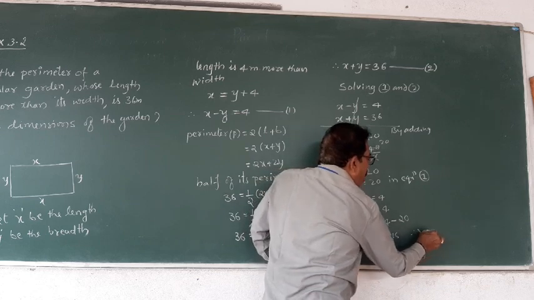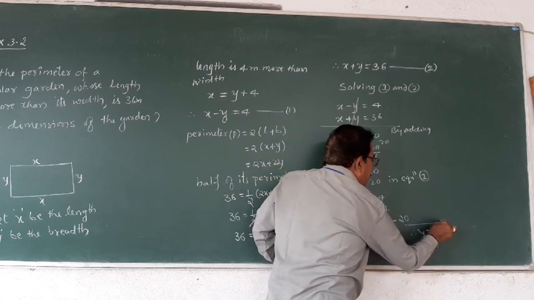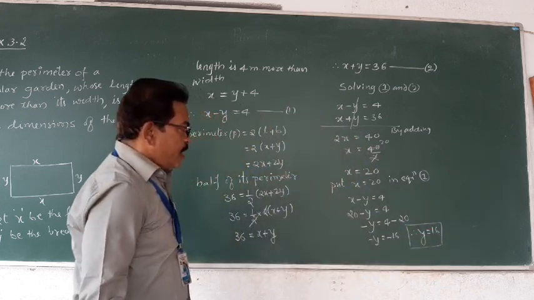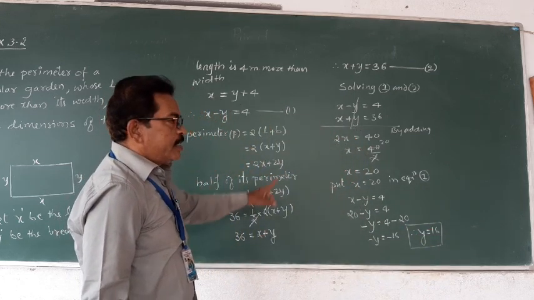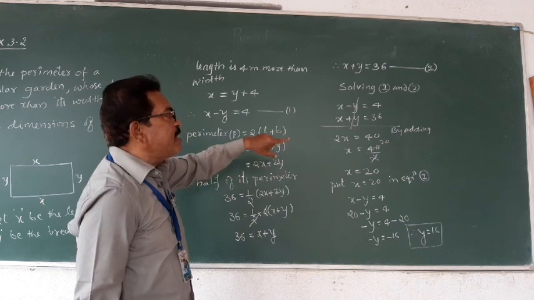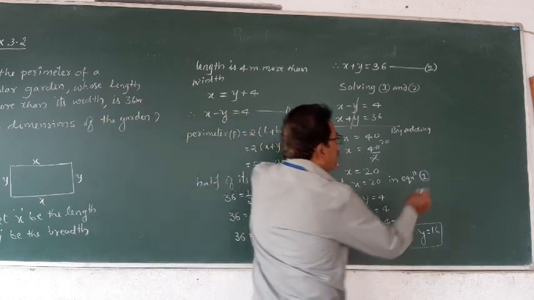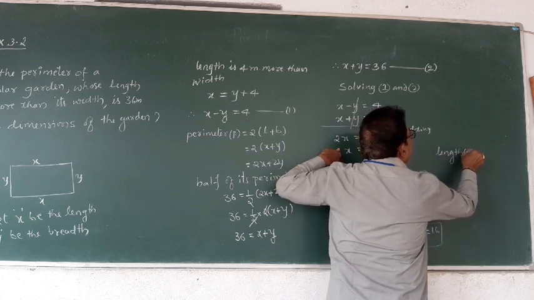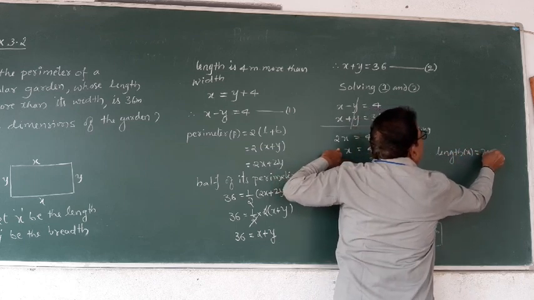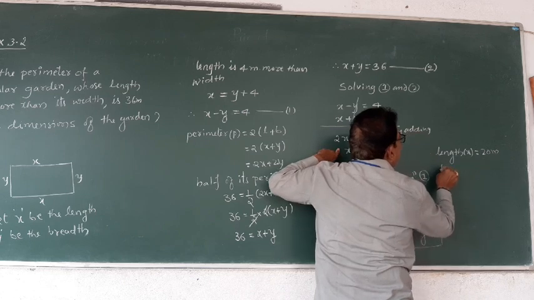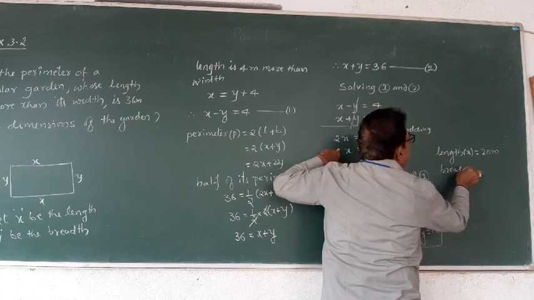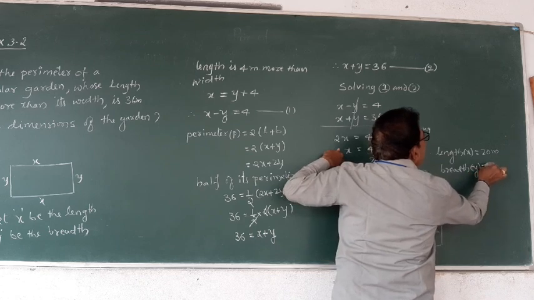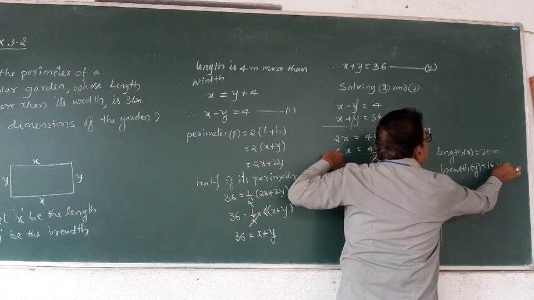Therefore y equals 16. So the dimensions, that is length and breadth: length of the rectangle is 20 meter, then breadth, that is y, equals 16 meter.